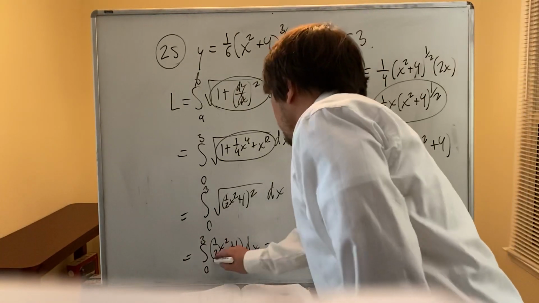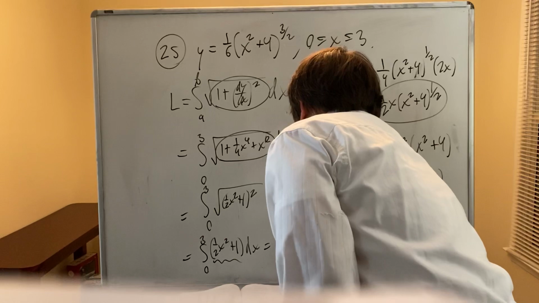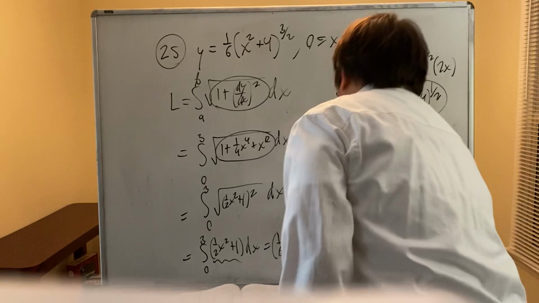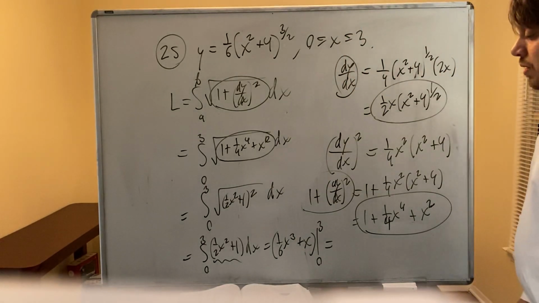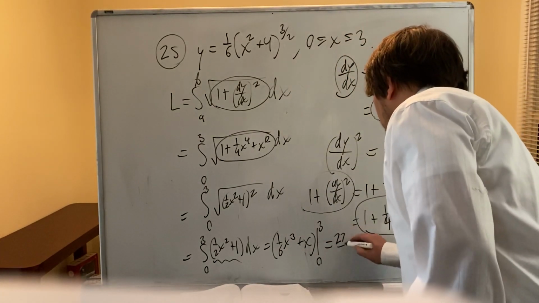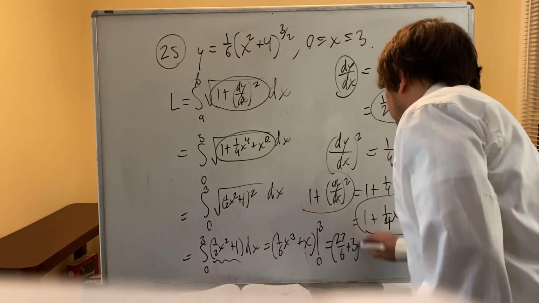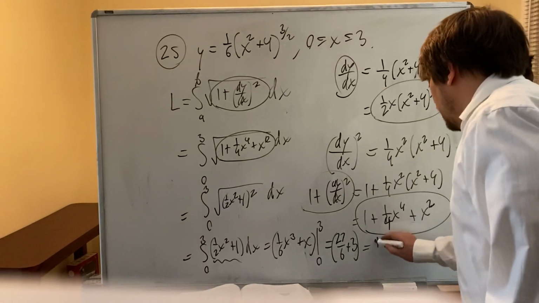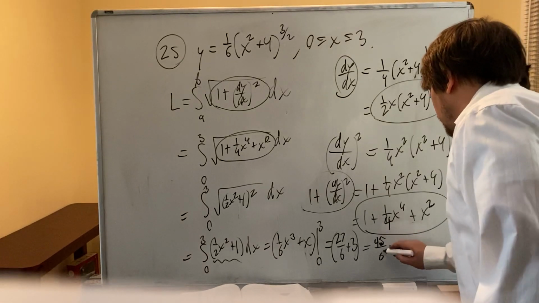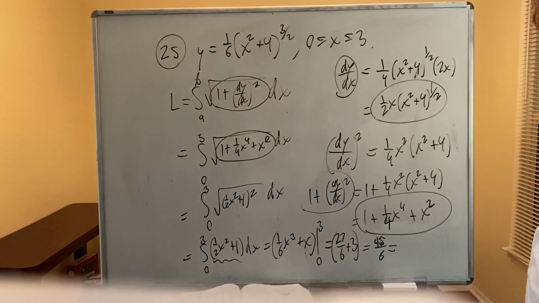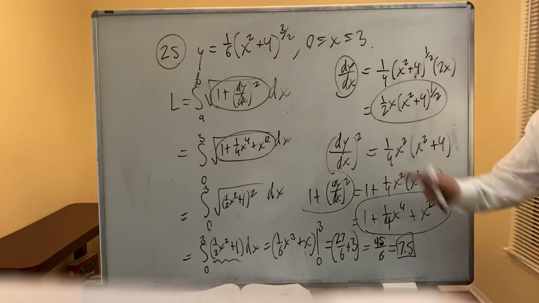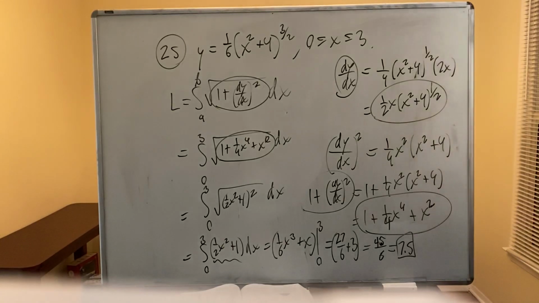And so find an antiderivative of the integrand, and you get 1/6 x cubed plus x, evaluated from 0 to 3. So you get 27 over 6 plus 3. And so that's 45 over 6. So that's 7.5. All right, so the final answer is that the length of that curve is 7.5.